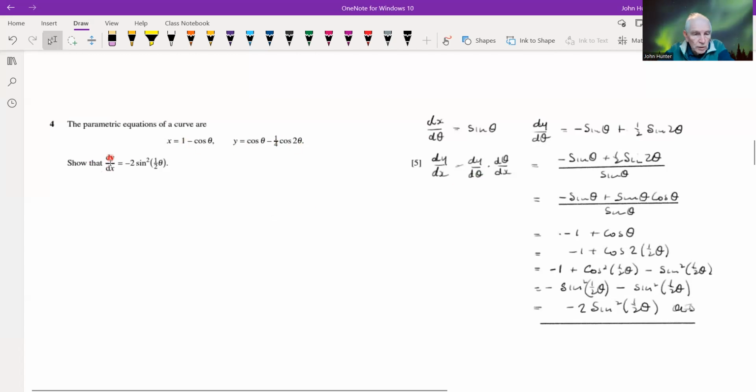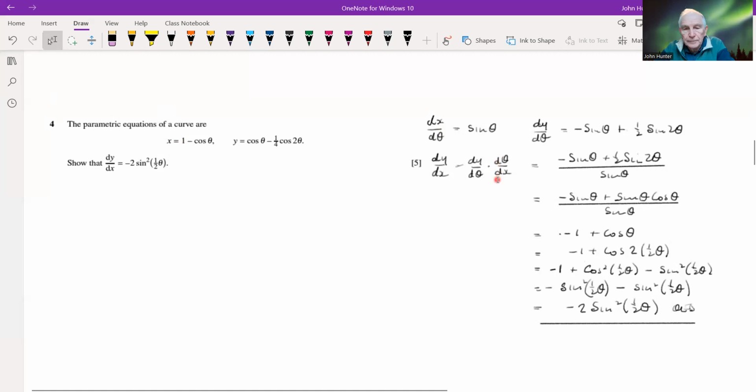Okay, so we've got to show that dy dx equals this thing here, minus 2 sine squared of a half theta. Right. Interesting. We've got 2 theta here. We've got a half theta here. So the first thing really, if we differentiate each of these parametric equations, we're going to get dx d theta equals sine theta and dy d theta equals this expression here. Now, by the chain rule, we can write dy dx equals dy d theta times d theta dx.